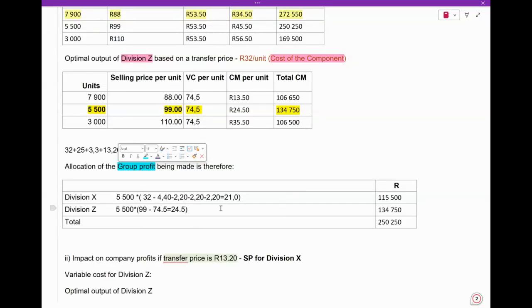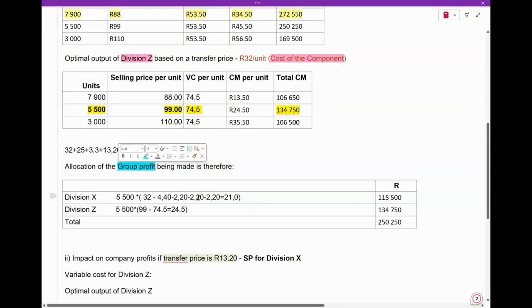The 5,500 units times your, this is your selling price, isn't it? To Division Z, right? The 32, because here's the selling price, here is the part of your variable cost. So you've got your 32 Rand, and then from the selling price we have to deduct the variable costs.